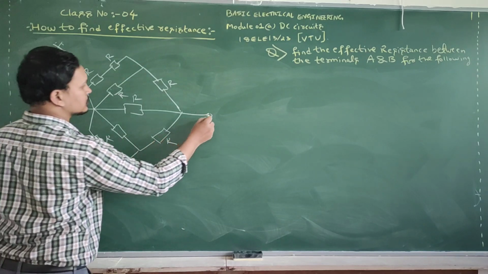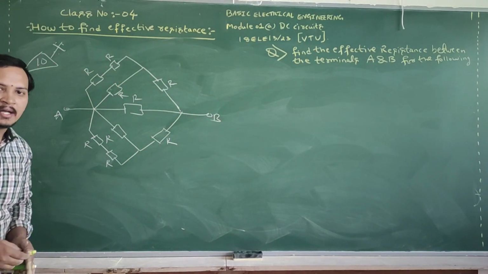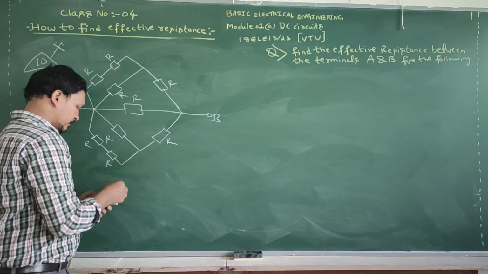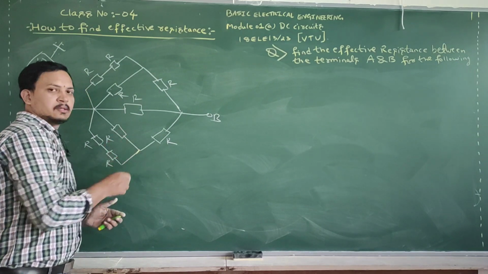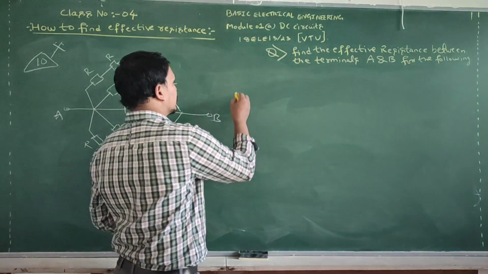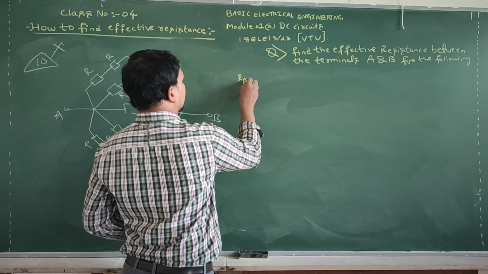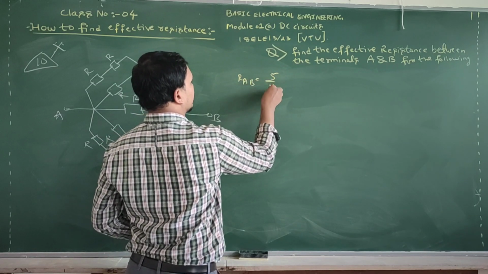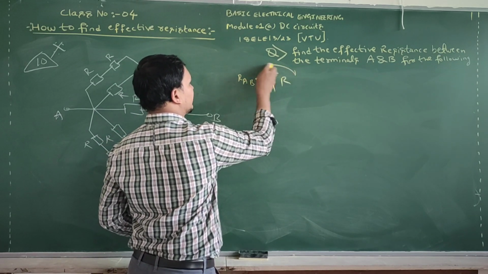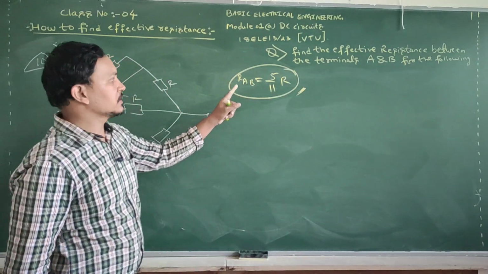These are terminals A and B. Find the effective resistance. Okay, guys, the answer is RAB is equal to 5 by 11 R. You should get this answer.